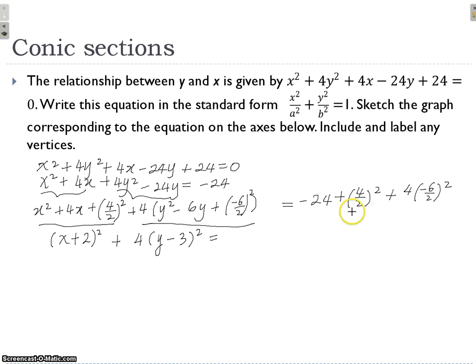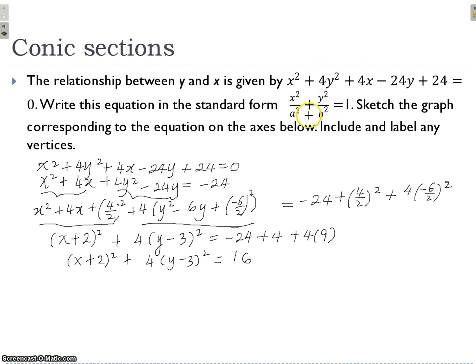So we have to perform some calculation on the right side: negative 24 plus 4 plus 4 multiplied by 9. If you simplify everything, we will have 16 on the right side.